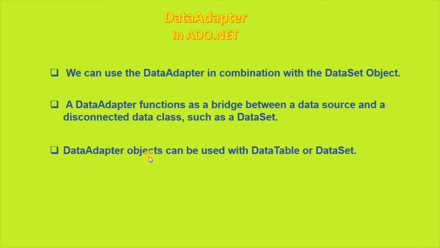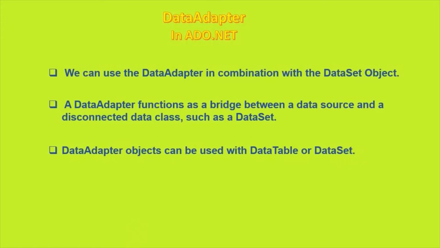Data adapter objects can be used with data table or data set. One table can be filled in data table by data adapter, and more than one tables can be filled in data set by data adapter.